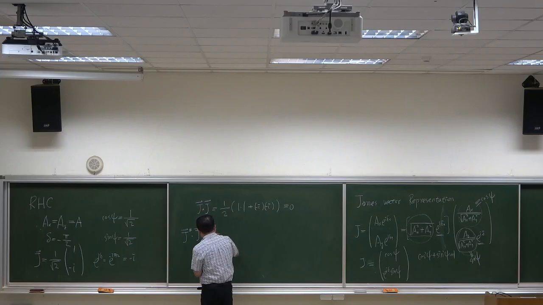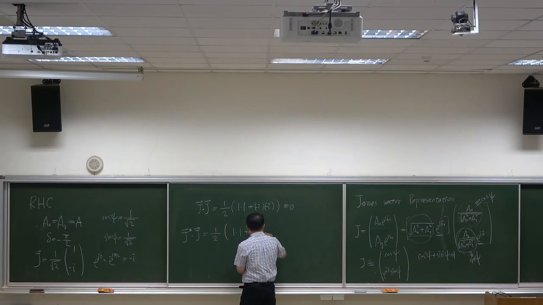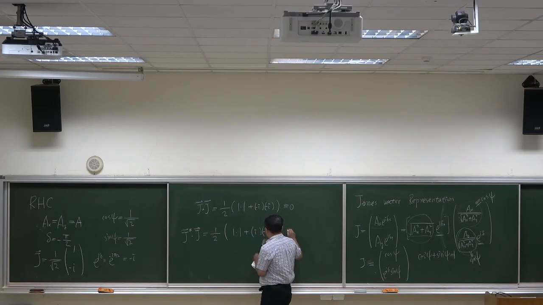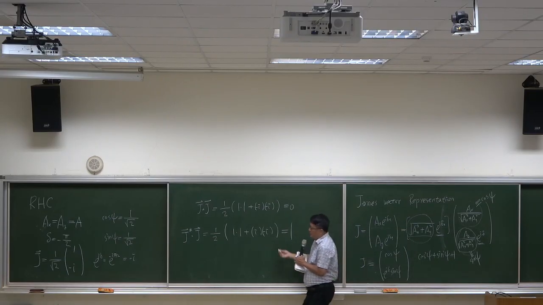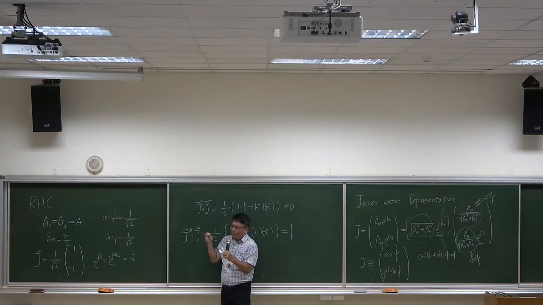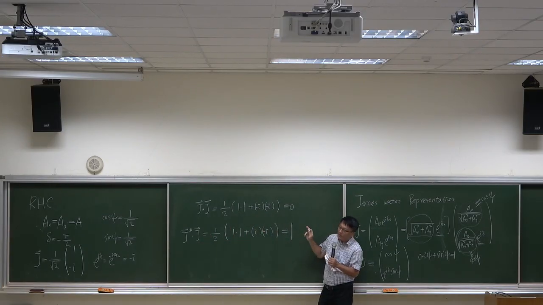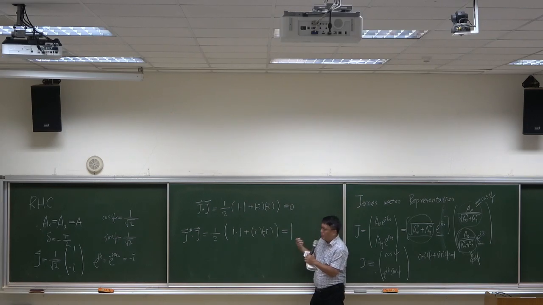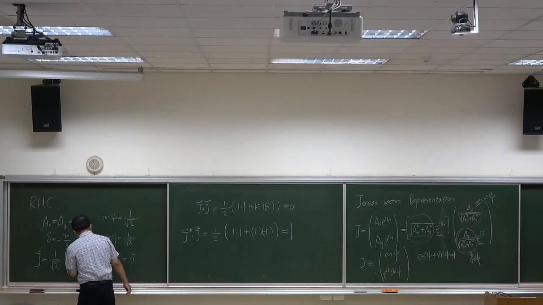This is equal to this. You see, the length or magnitude of the J vector is now equal to 1, because the scalar product of itself with itself is equal to 1.